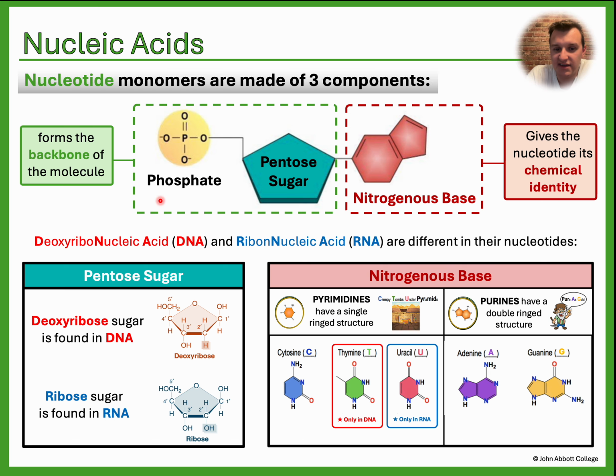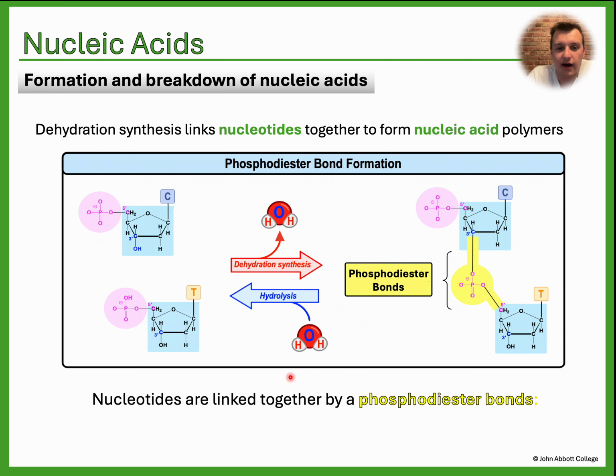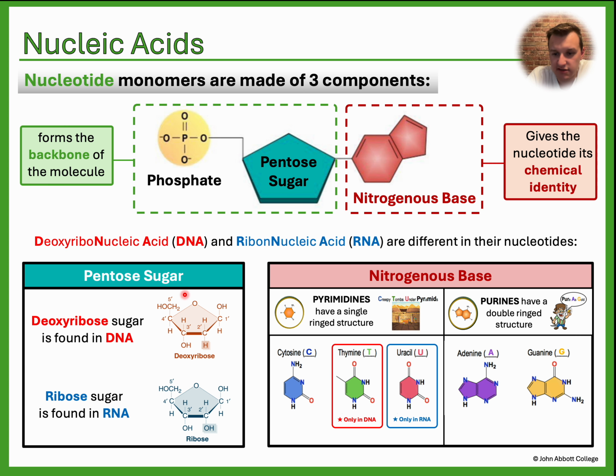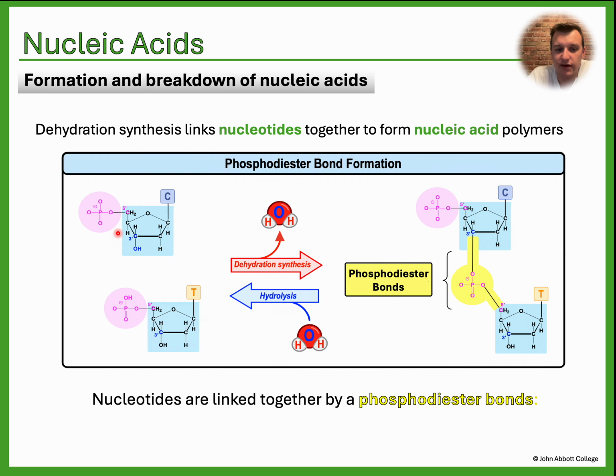Notice I just put C here, but you know that it would look like this, right? This over here is another nucleotide: phosphate, sugar, and over here you have T, thymine. So in our DNA sequence, we're going to have C and then T.